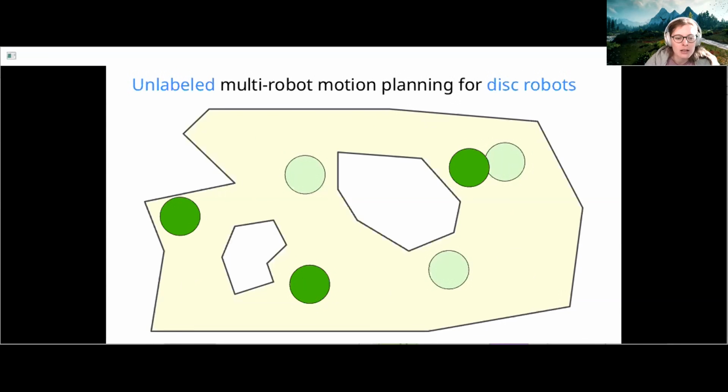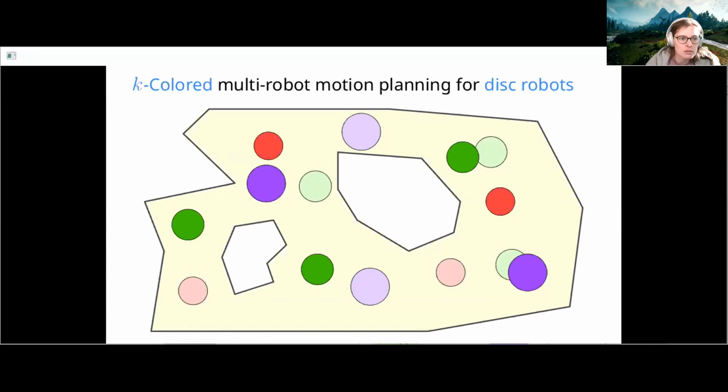Okay, and then to make our life easier, we're going to look at disk robots instead of more complicated shapes. Again, for disk robots, we can look at the unlabeled version. Here, the brighter green is the starting position, and the more transparent green is the target positions. We can also define the K-colored multi-robot motion planning for disk robots.